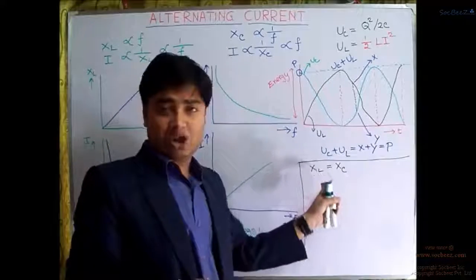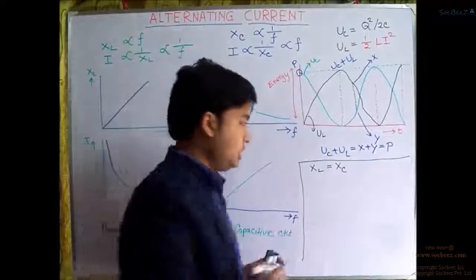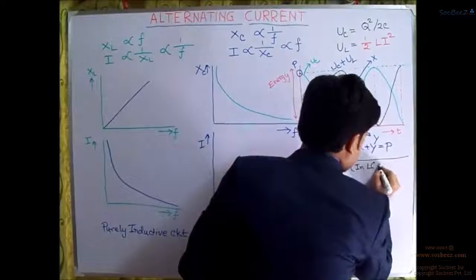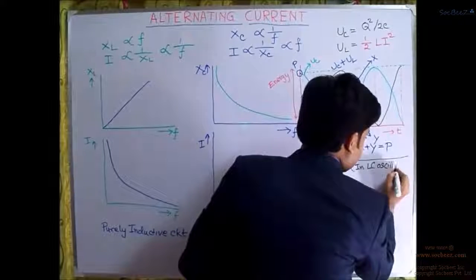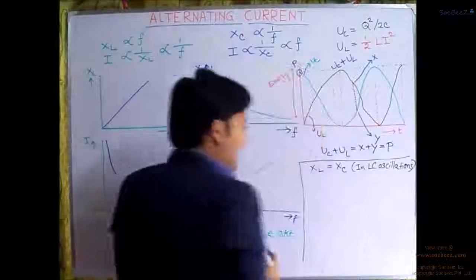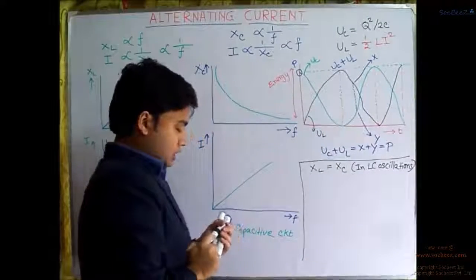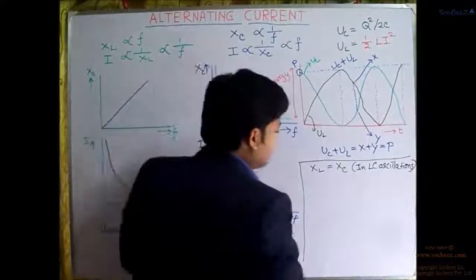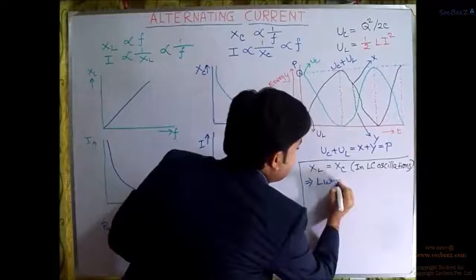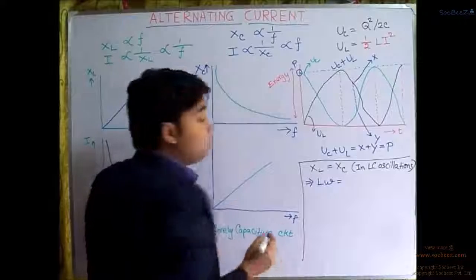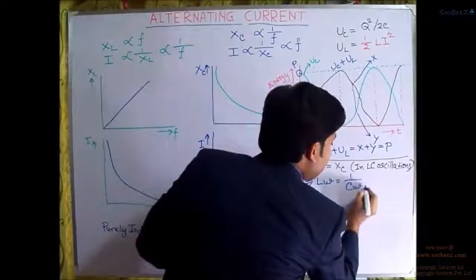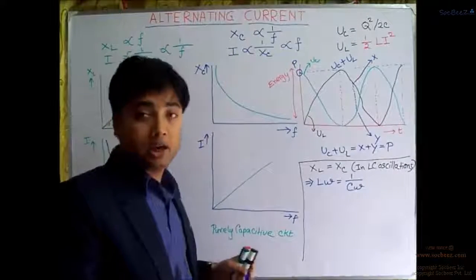If we equate it, we know that XL is simply equal to L omega, and XC will be equal to 1 divided by C omega, as we have seen earlier.